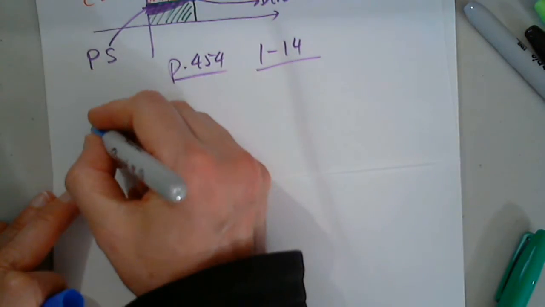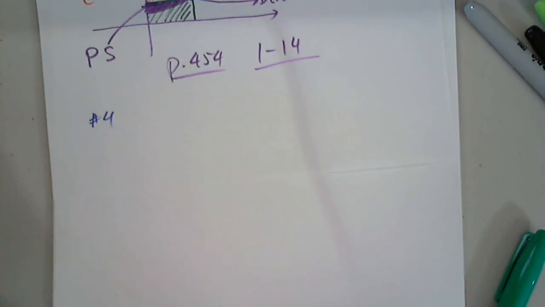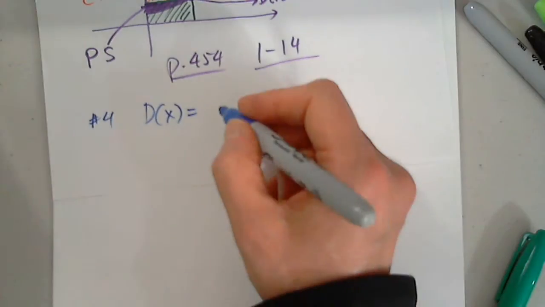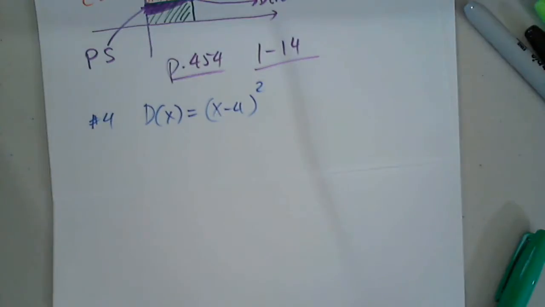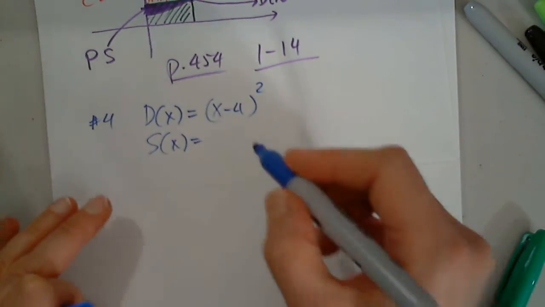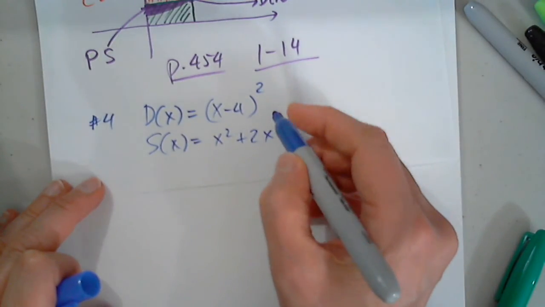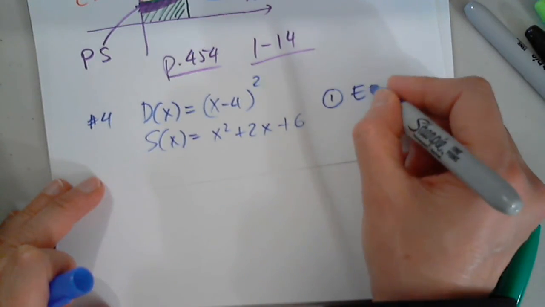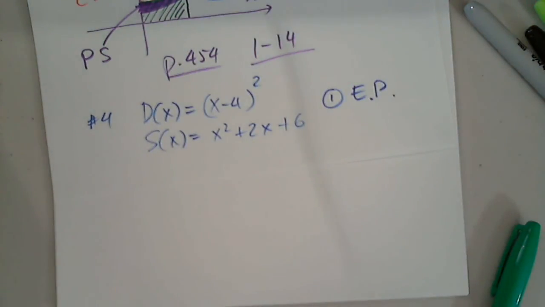Okay, I will start with 4, and then you choose the next one. We have the demand as x minus 4 squared, and we have the supply as x squared plus 2x plus 6. First, we're asked to find the equilibrium point. How do I find the equilibrium point?